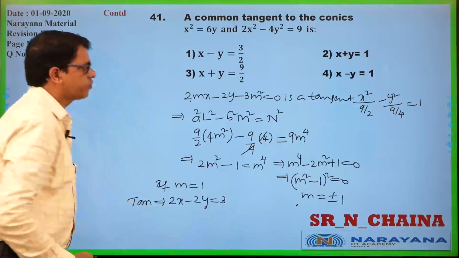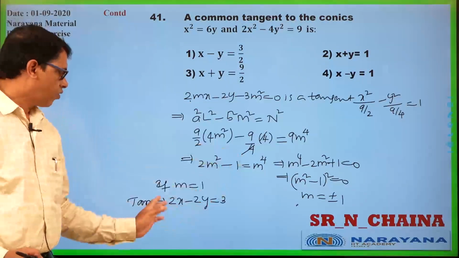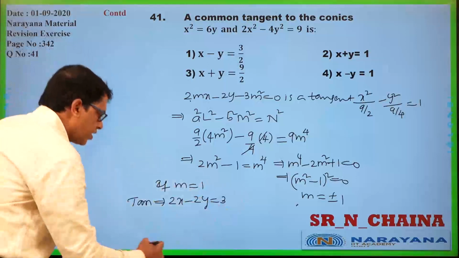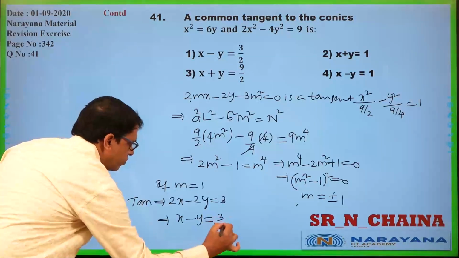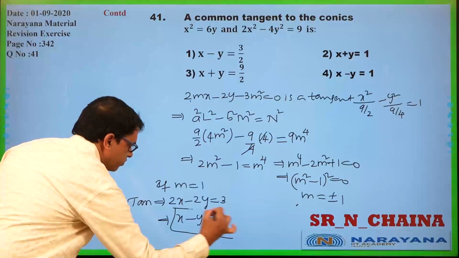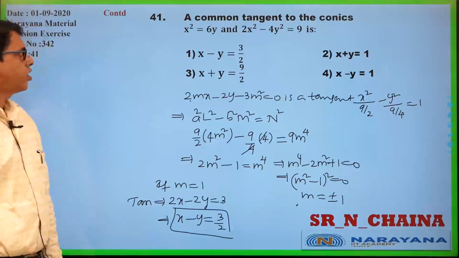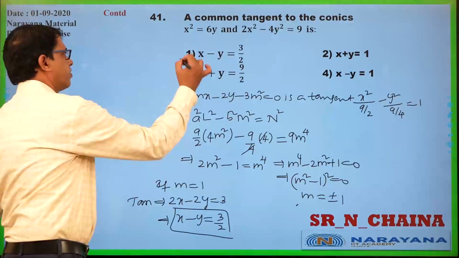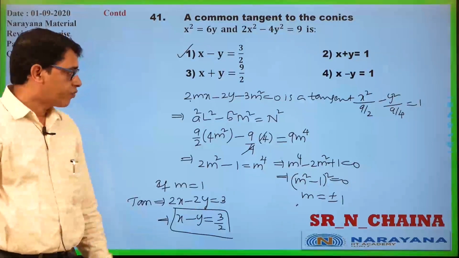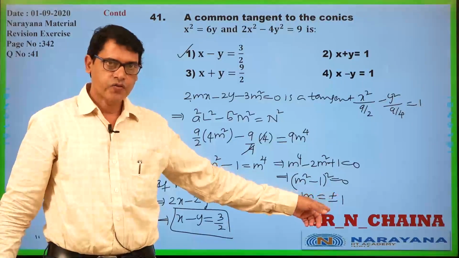Now take to the other side. That implies the equation of common tangent is x minus y equals 3 upon 2. Then if you take minus 1, what do we get?